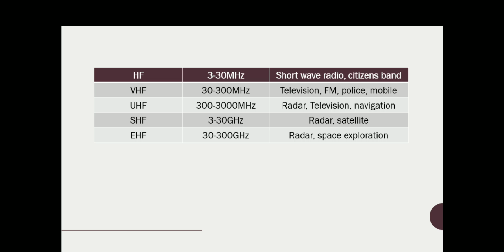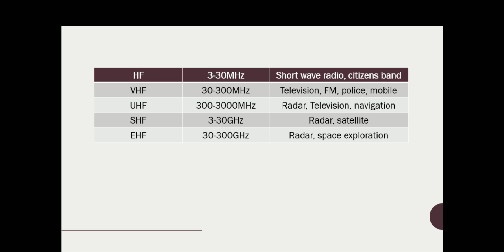VHF is very high frequency, that is between 30 to 300 megahertz. Applications are television, FM, police purposes, mobile, etc. UHF is the ultra high frequency, 300 to 3000 megahertz. Radar, television, navigations are applications.